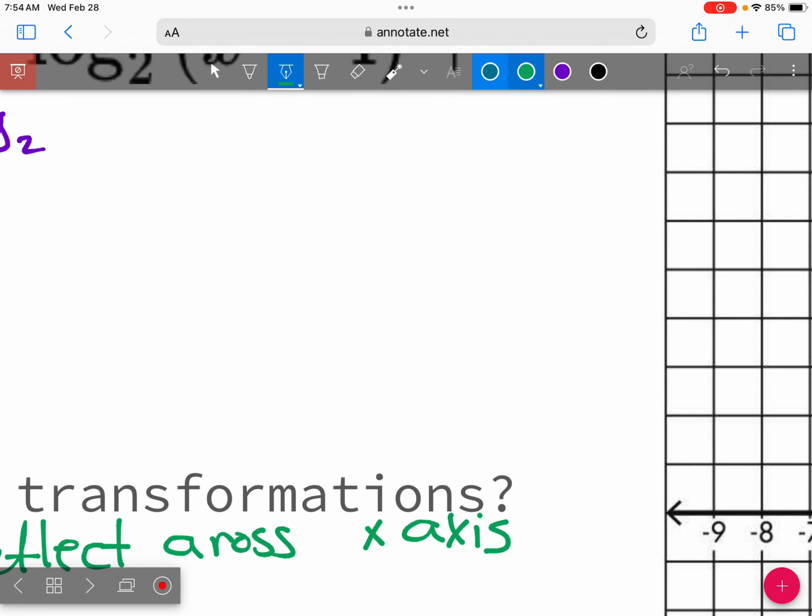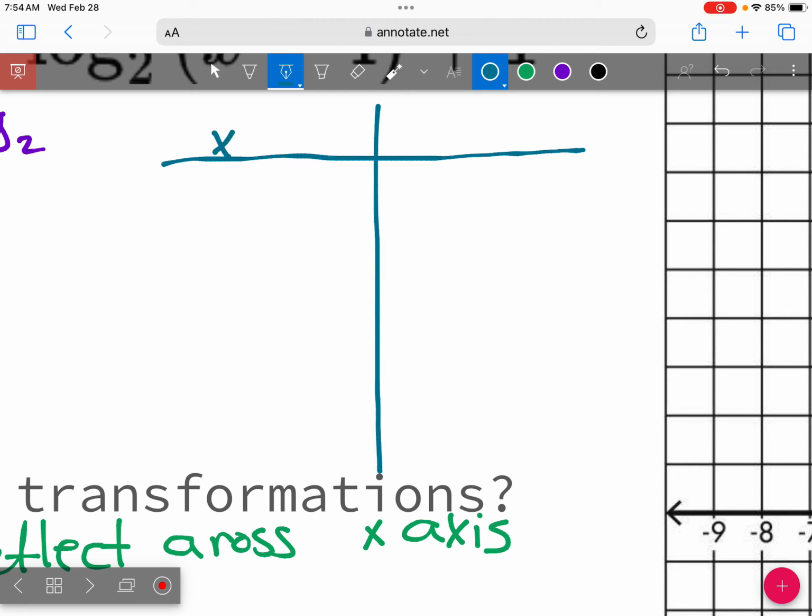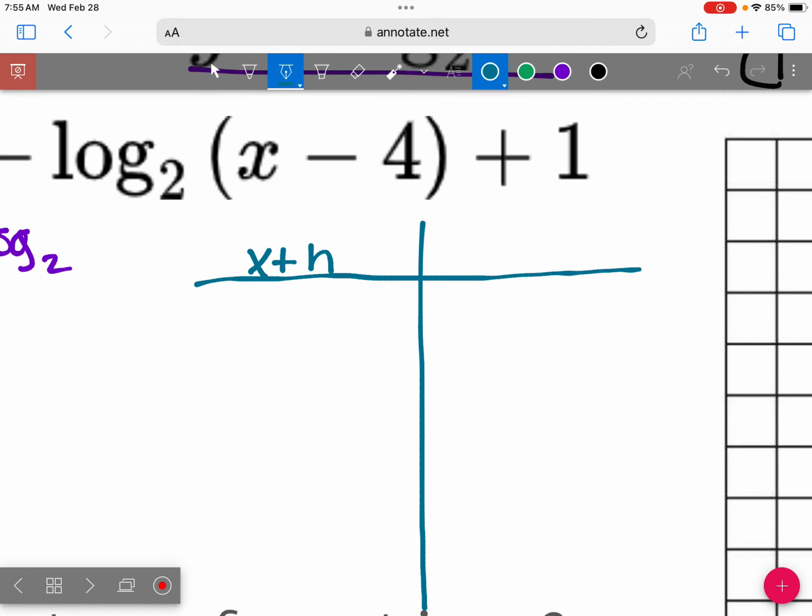So when we do our transformation table, and we do our x plus h, we're really taking the x's from our parent function, and we're going to add 4. When we do our y times a plus k, we're going to take our y from our parent function times -1 plus 1.